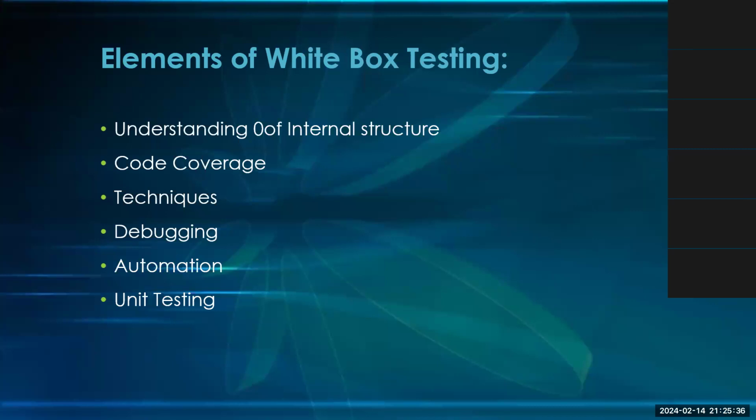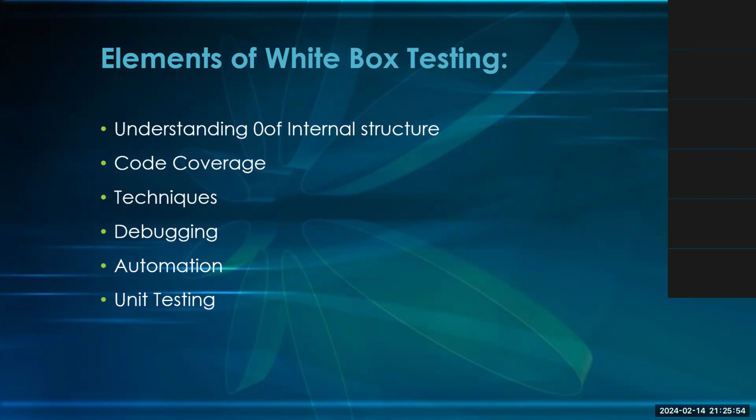And for the techniques, we have different types, such as control flow and path testing, which are amongst others used to validate the correctness of software internally.